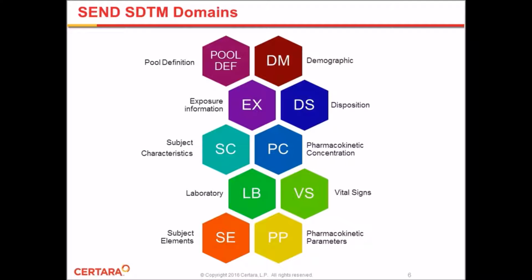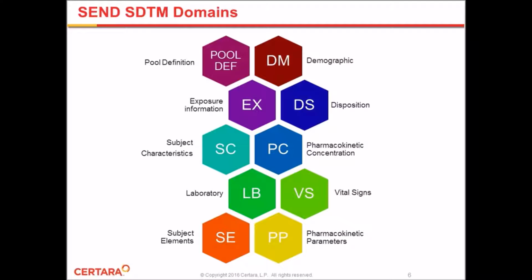So if you needed to join, say, demographic, vital signs, and pharmacokinetic concentrations together, there are certain keys within the format of those domains that allow you to create supersets of data. So it's a very powerful data standard. You can understand now how a scientist could generate the data sets they need based on these 28 domains.